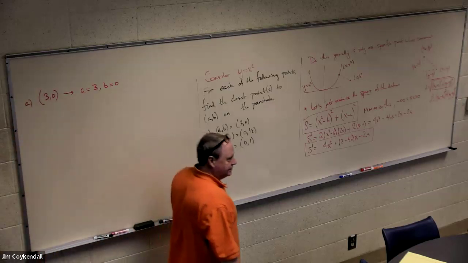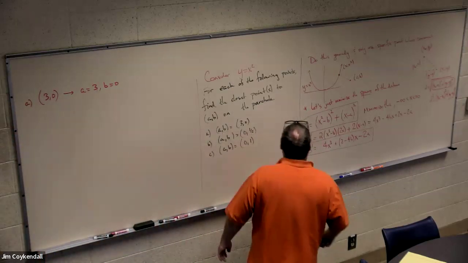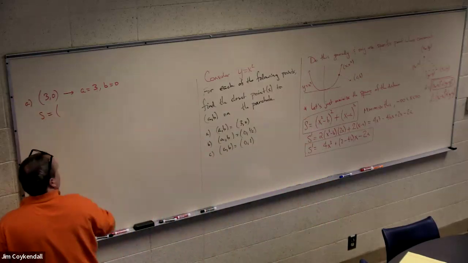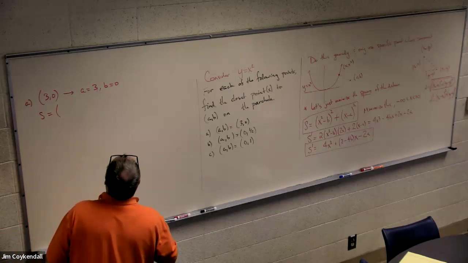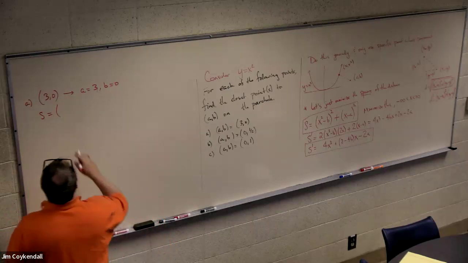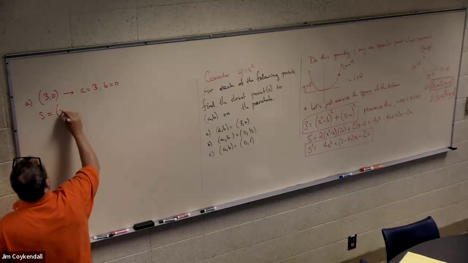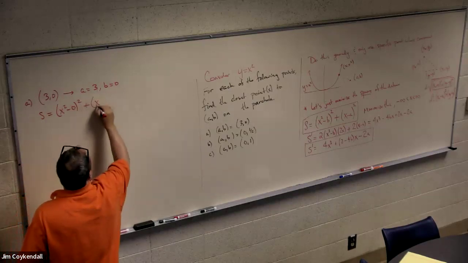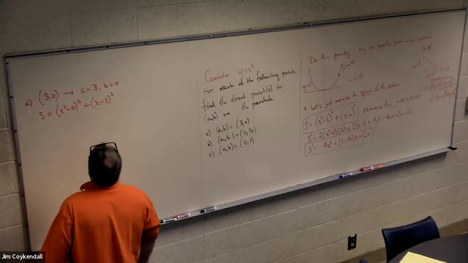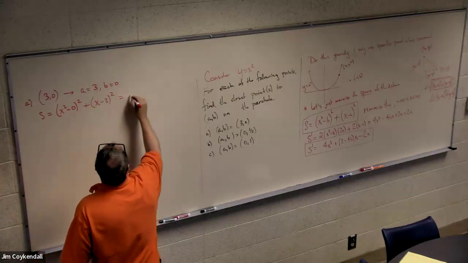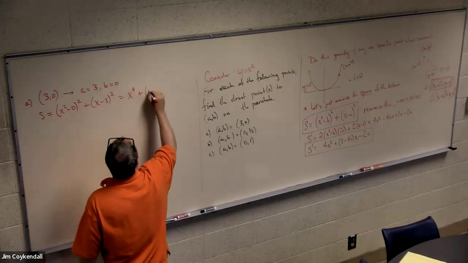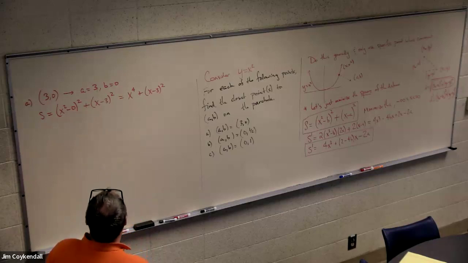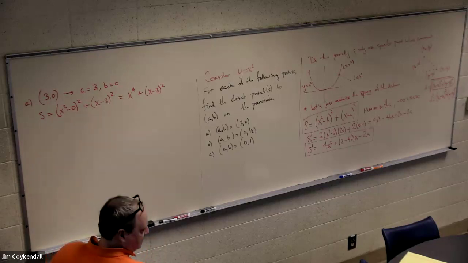So my function here, S, is equal to x squared minus 0 squared, plus x minus 3, which is x to the fourth plus x minus 3, all squared.